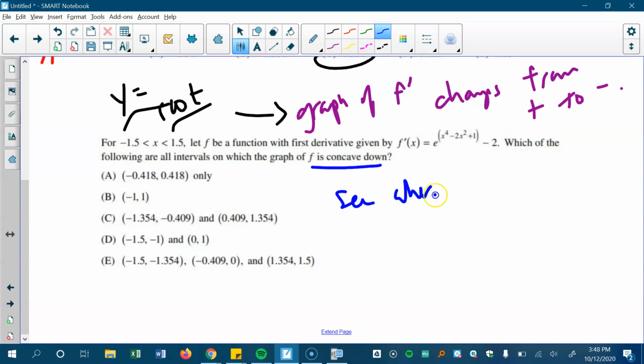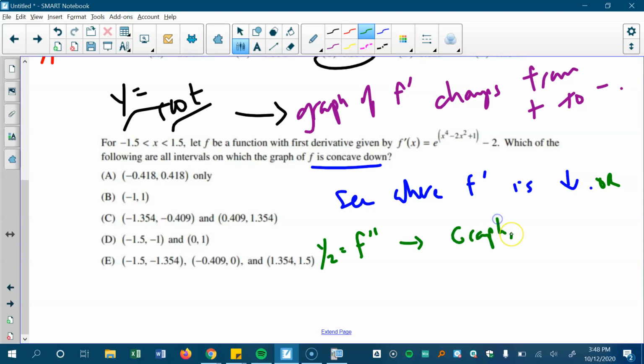See where f prime is decreasing, or graph the second derivative. So let y2 equal the second derivative, and then graph. And then I want to see where the second derivative is below 0. F double prime less than 0.